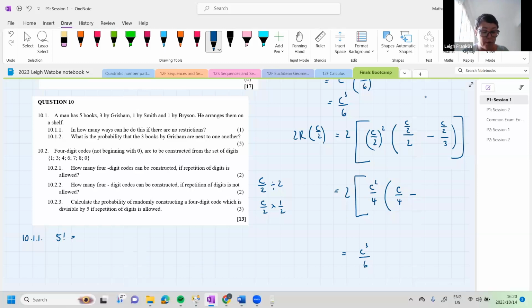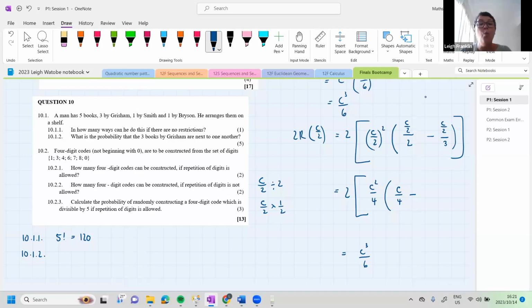So I use factorial notation when things cannot be repeated, like people or different books. Things that can be repeated, we would use exponents. Things that can be repeated would be things like numbers or letters. In 10.1.2, they said to us, what is the probability that the 3 books by Grisham are next to one another?